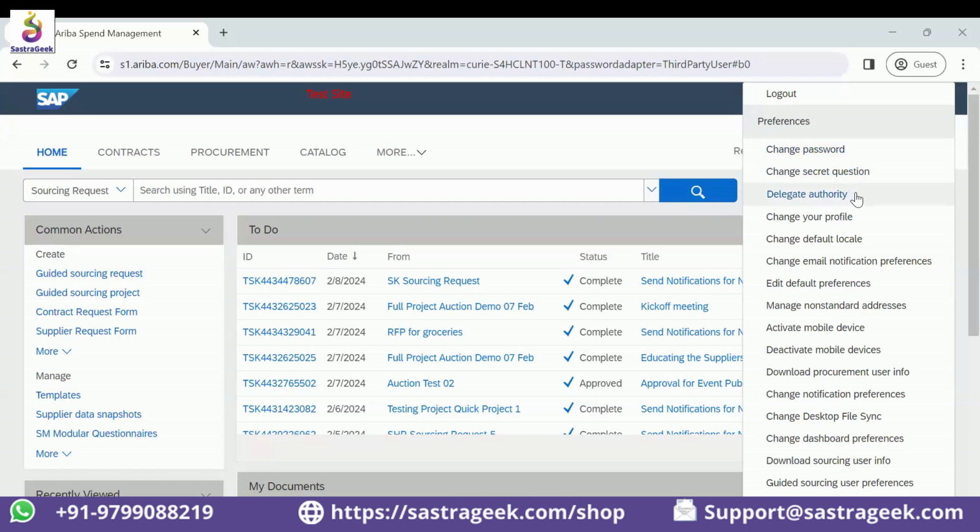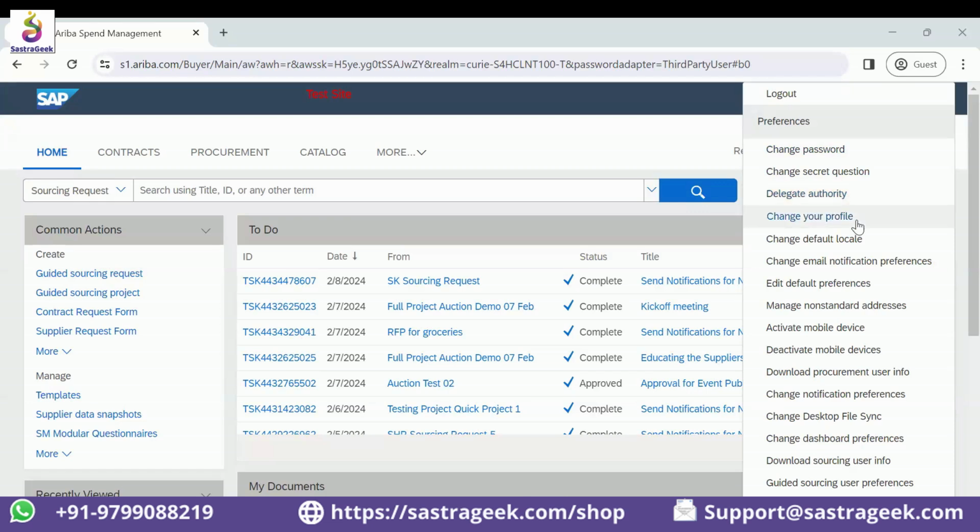This is a good feature. Suppose you are going on leave, you don't need to ask someone to act as you, and you don't need to share your username and password. You can delegate your authority so that during your absence, whatever approvals you have to do, the person you are delegating to can approve on your behalf. That self-delegation is possible.